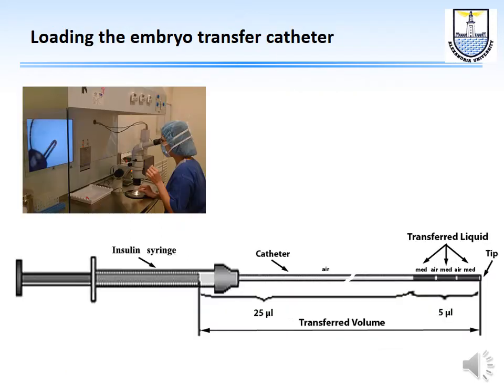And as I said, we put the outer catheter, then we ask our embryologist to load the embryo or embryos. Usually, he or she would do this in between two air bubbles, and sometimes we have another drop in front, another drop behind, as you can see here, making sure that the embryo or embryos are put in a minimal amount of culture medium.